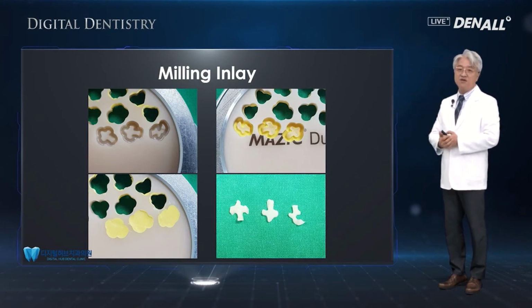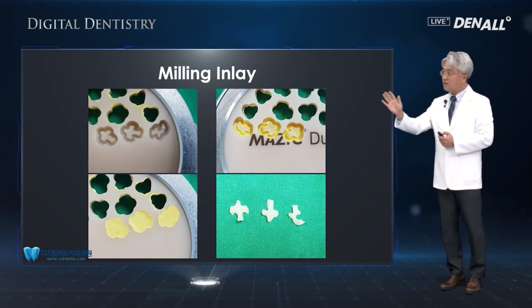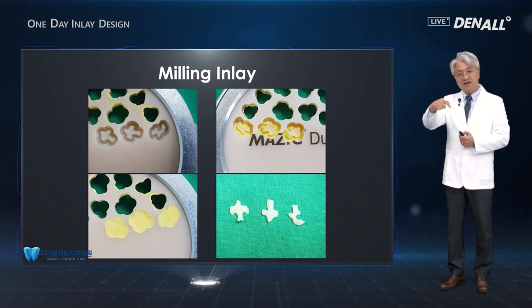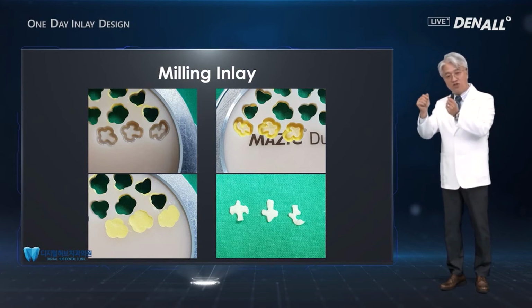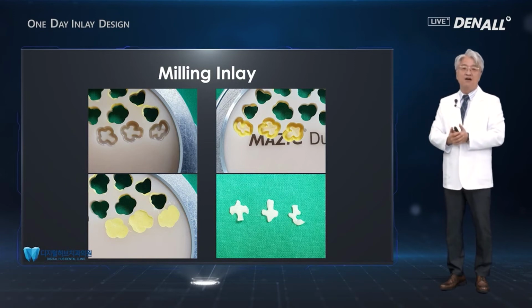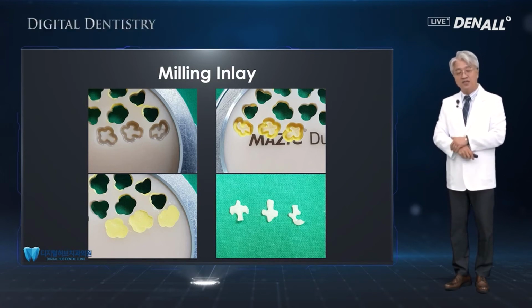So two-step milling is used to make the inlay. And the advantage here is that after completing the inlay, you just remove the stone, then you can just deliver the completed inlay to the patient's mouth. So very easily. Since a few years ago at our clinic, we like this inlay production step.